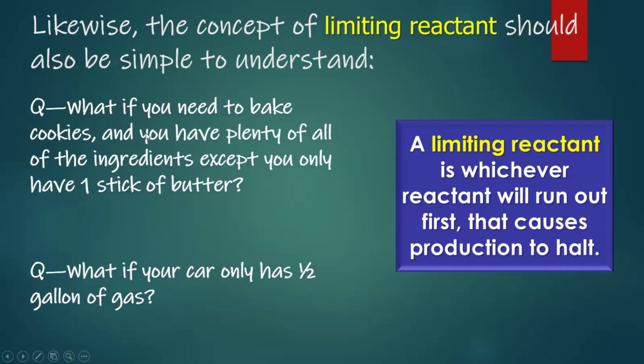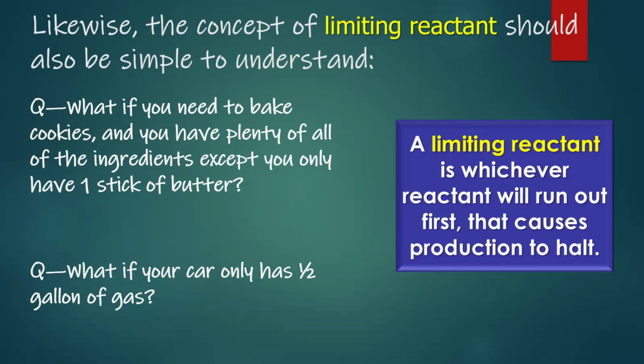So let's say that, just using the previous examples that we just talked about, if you needed to bake cookies and you had plenty of all the other ingredients, but you check the refrigerator and you only have 1 stick of butter. If it calls for 2 sticks of butter, the best you can do to make them turn out right is to make half of the recipe.